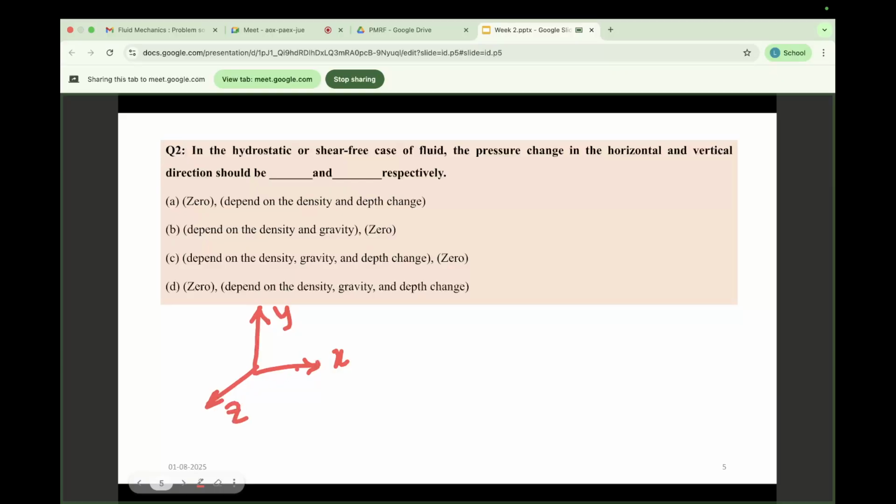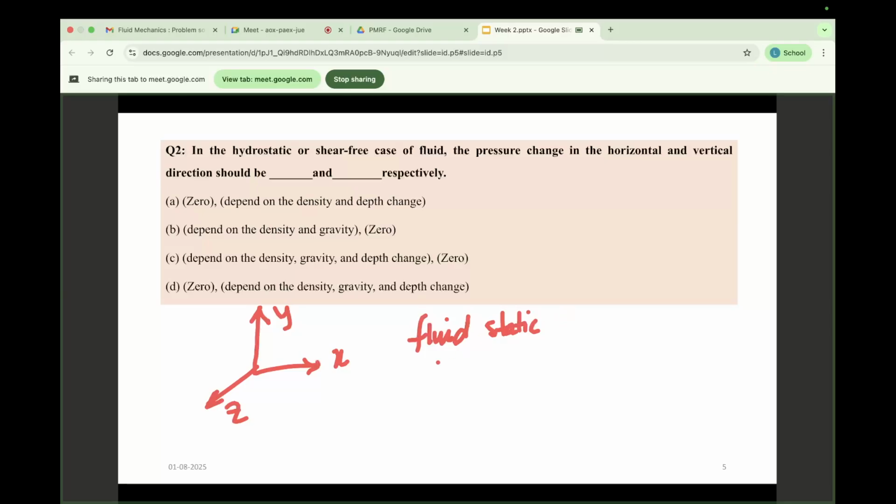Okay. So first, in a hydrostatic or shear free case of fluid, what is it? It means that in fluid static, the fluid is at rest.